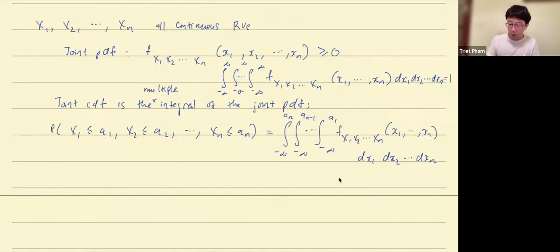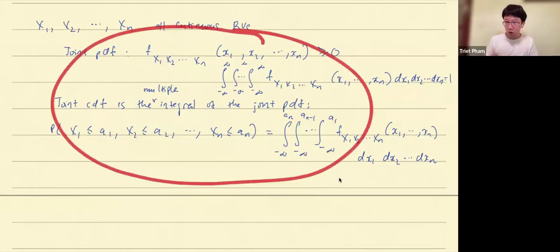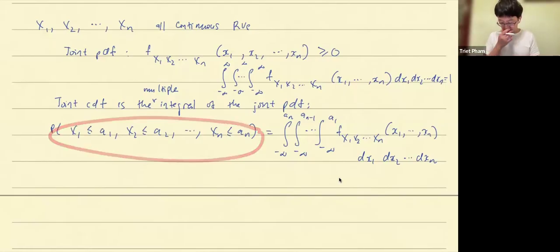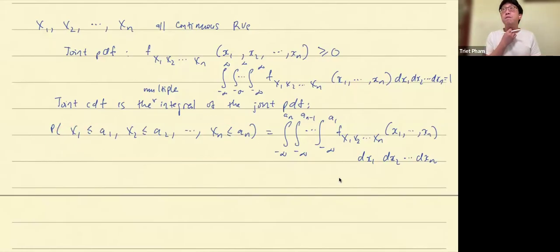Then the limits here will go from a1 to b1, a2 to b2, an to bn, rather than minus infinity to a1, etc. But the joint PDF and the joint CDF are a straightforward generalization of the PDF and the CDF of a continuous random variable. It's really just taking that concept and generalizing it to multiple dimensions.